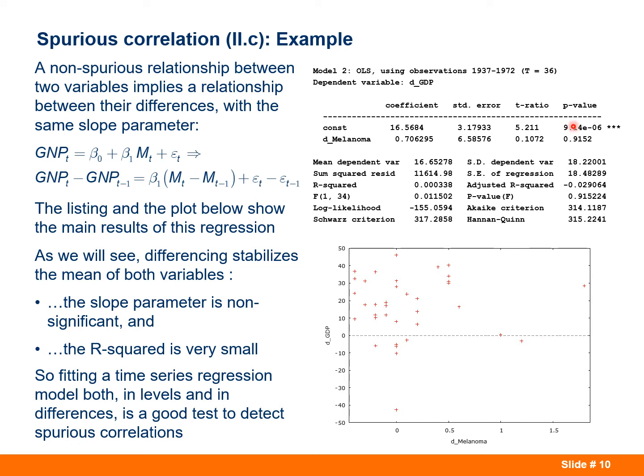So, in the previous model, the apparent relationship was caused by the trend. If we adjust for the trend, for example, by differencing, then the relationship disappears. And this is a good test to detect spurious correlations in time series.